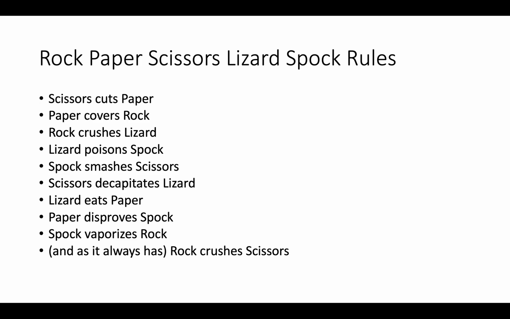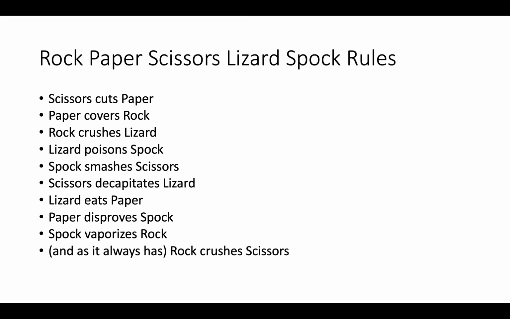We have, as is traditional, scissors cuts paper, paper covers rock, so paper wins against rock, but then rock crushes lizard. Lizard poisons Spock. Spock smashes scissors. The scissors decapitate the lizard, lizard eats the paper, paper disproves Spock, and Spock vaporizes the rock, and, as it always has, rock crushes scissors. Again, this is from The Big Bang Theory. So we are going to implement that.